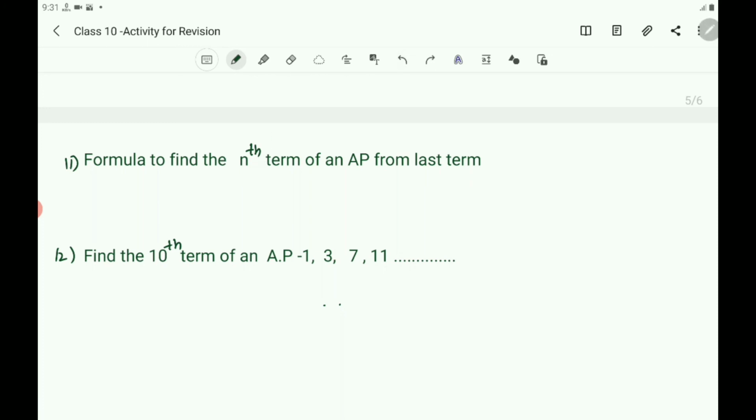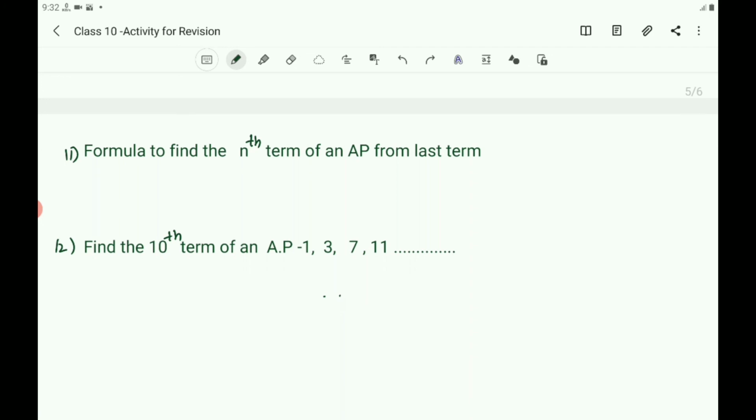Generally, the formula to find the nth term of AP from first term, here we have taken the first term, the symbol is A, but here the last term you have to take, the symbol is L, and you know that the sign of D changes here. In the place of D you have to take minus D, so you think and write here.